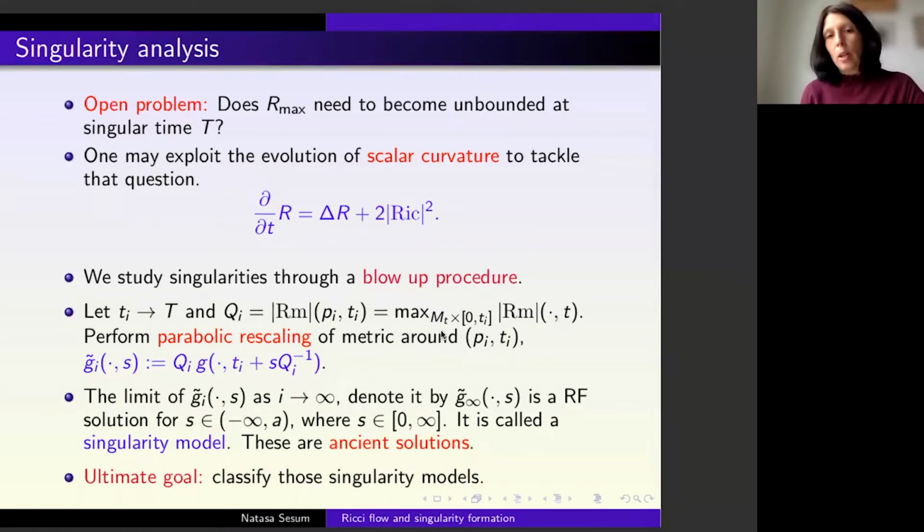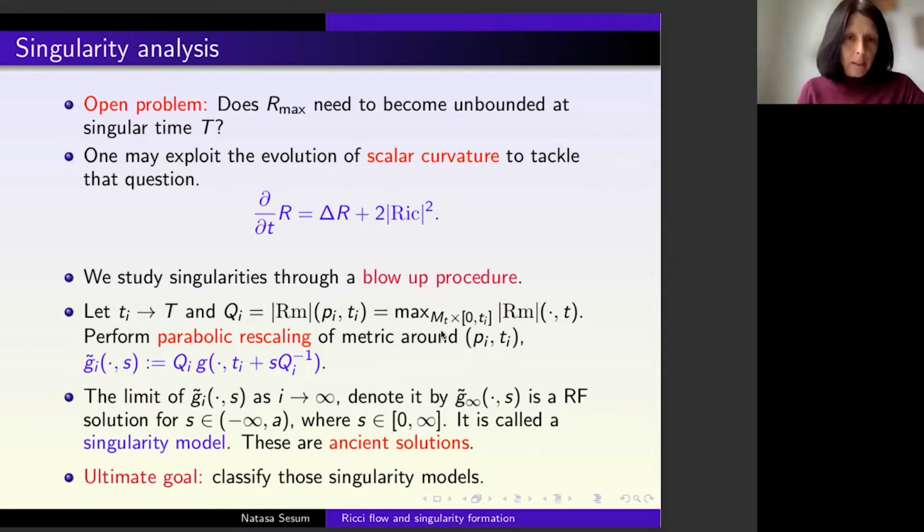For those who are not familiar with that, I wrote what it means. Let's take a sequence of times t_i going to the singular time, capital T. Let's consider this quantity Q_i, which is the maximum of the norm of the Riemannian curvature. Then you perform the parabolic rescaling of your metric around this p_i, t_i.